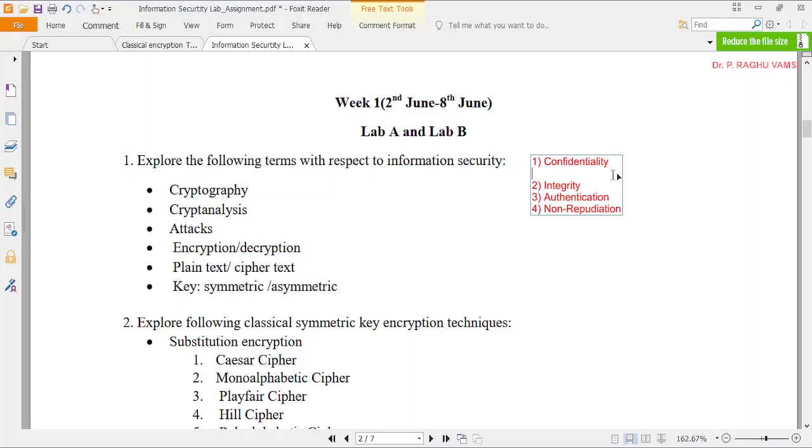Confidentiality is nothing but converting the data in a confidential way, so that when the data is transmitted from party A to party B, it cannot be interpreted by intruders or spoofers over the communication channel. That is what confidentiality means. This confidentiality is achieved using encryption.